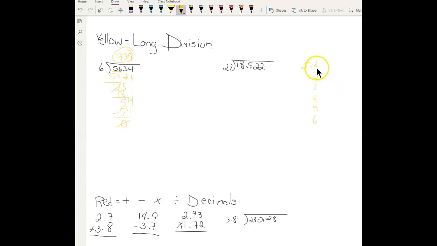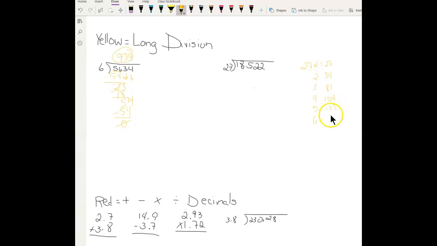So 27 times 1 is 27. Times 2 is 54. Times 3 is 81. 4 is 108. 5 is 135.